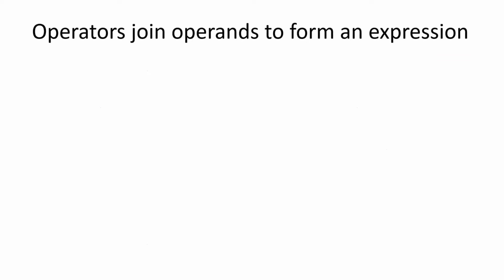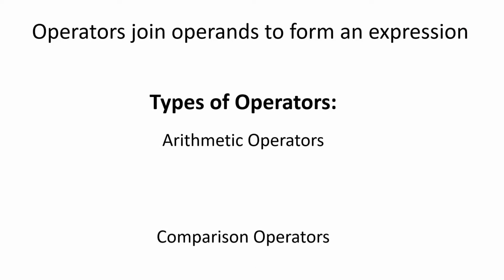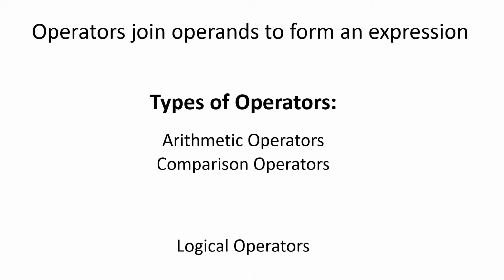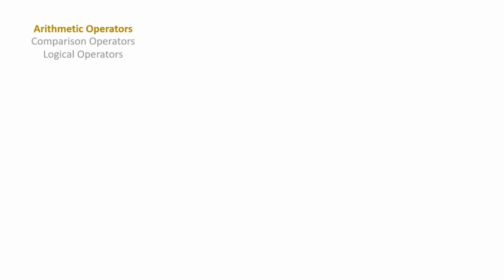So now, let's take a look at operators. Specific types of operators that we'll discuss here include arithmetic operators, comparison operators, and logical operators. Arithmetic operators will likely look familiar.